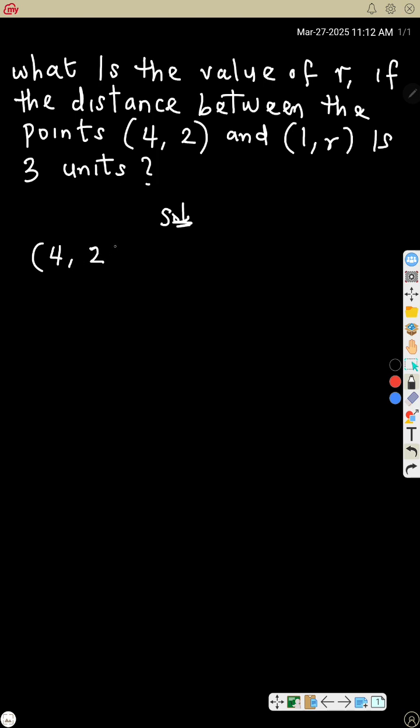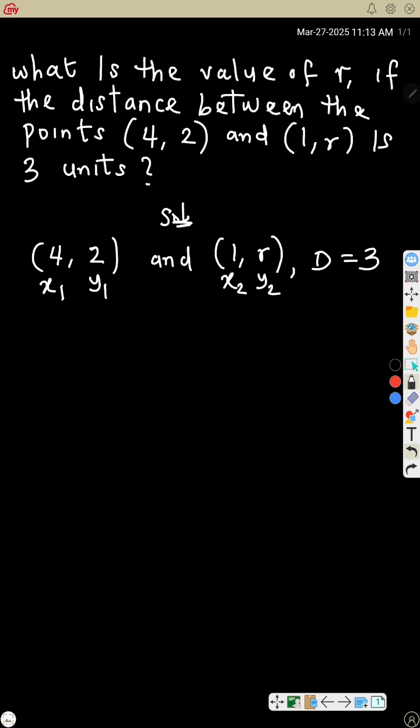(4, 2) and (1, r). So take note, for any 2 points, the first is x1, y1, then x2, y2. Here they gave us the distance as 3, so you will still use the same formula.